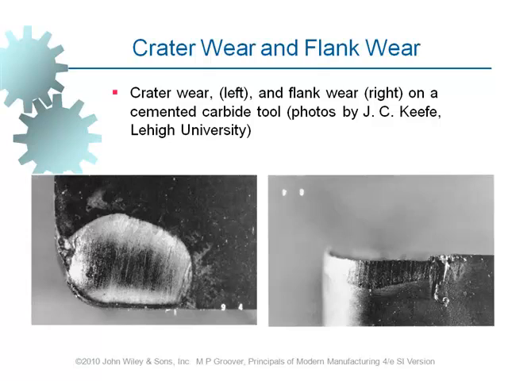When you go to the workshop this time, take a look at the cutting tool to see if you can identify this type of wear and also the other type, which is flank wear, and also crater wear on the tip of the cutting tool.